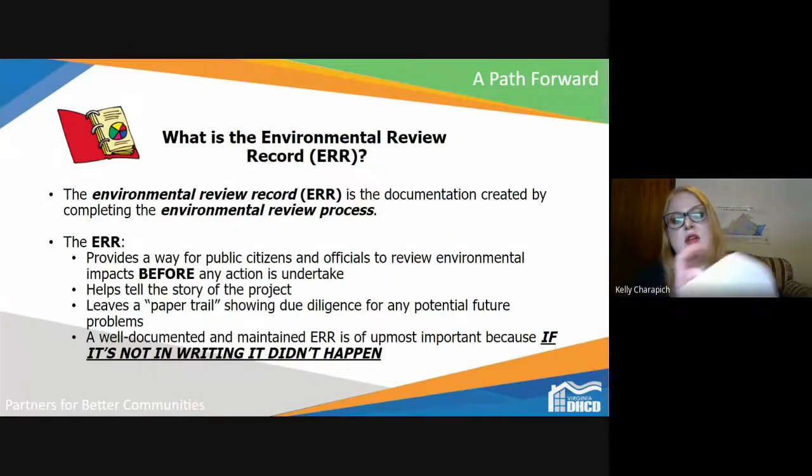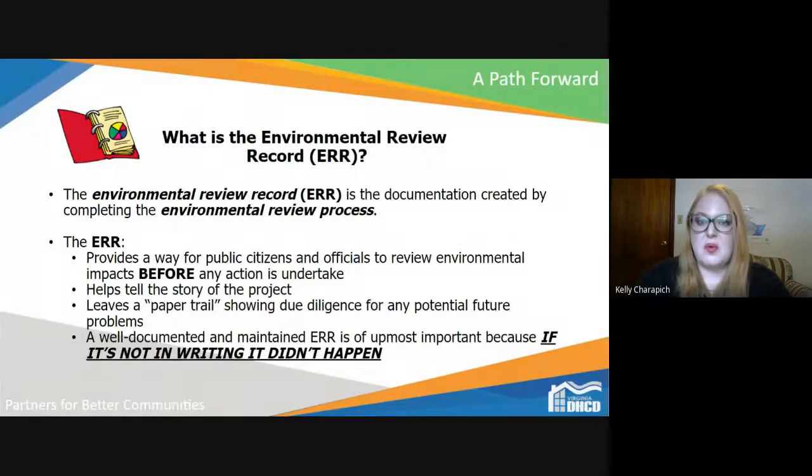Now that we know what the environmental review is, the environmental review record is the documentation that is compiled from completing the environmental review process. It has several important functions: to provide the public a way to judge environmental impacts before any dirt is turned and any money is spent. It helps to tell the story of the project, and it creates a clear paper trail of concise documentation.